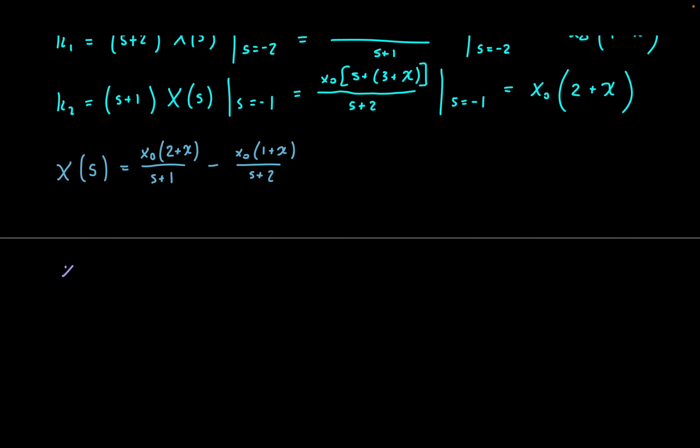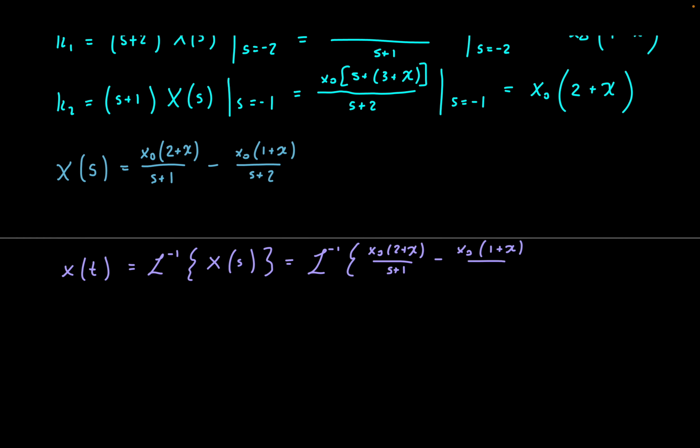So we can write out lowercase x of t is going to be equal to the inverse Laplace transform of capital X of s, which is going to be the inverse Laplace transform of x naught times 2 plus chi divided by s plus 1, minus x naught times 1 plus chi divided by s plus 2.